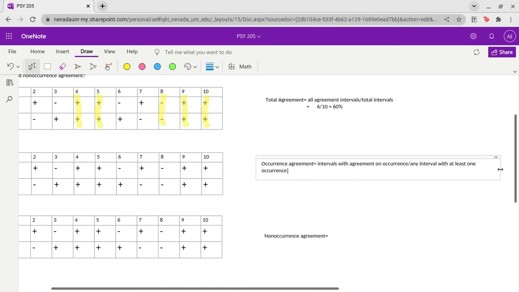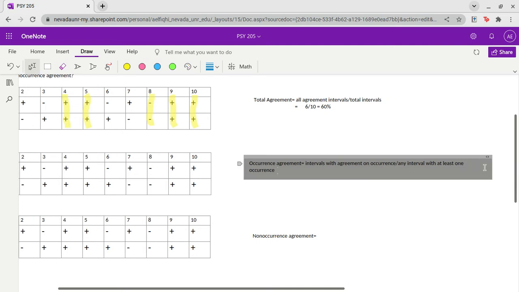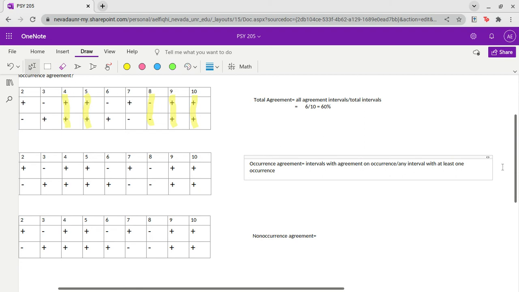I think these are the ones that maybe give people a little bit more trouble because the wording can be a little bit confusing, but once we go through it, I think it will make more sense.